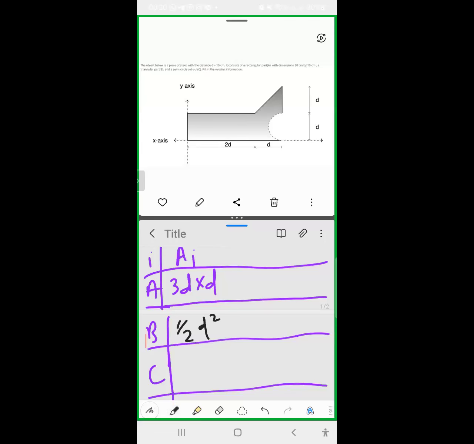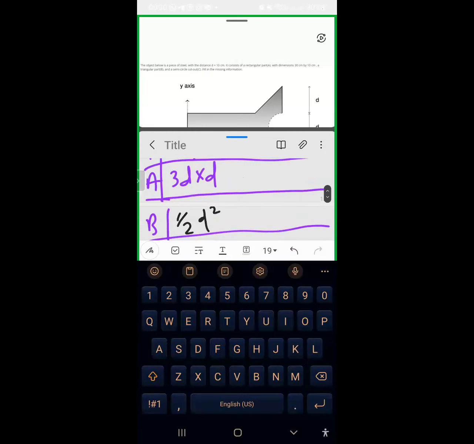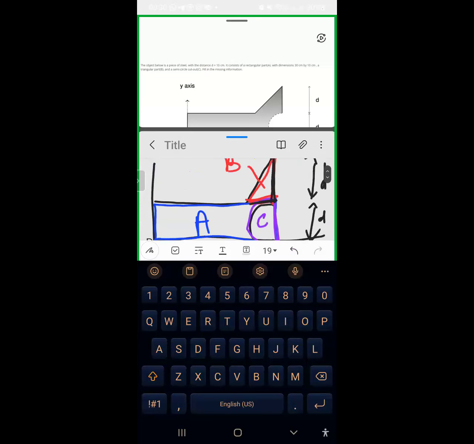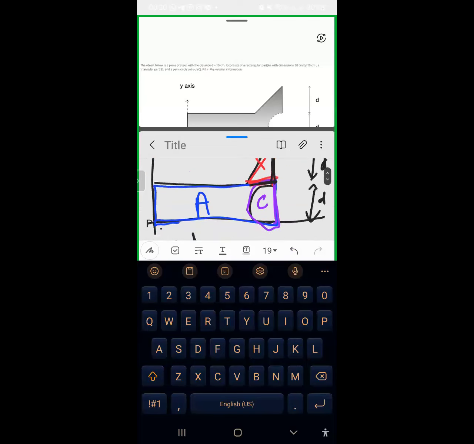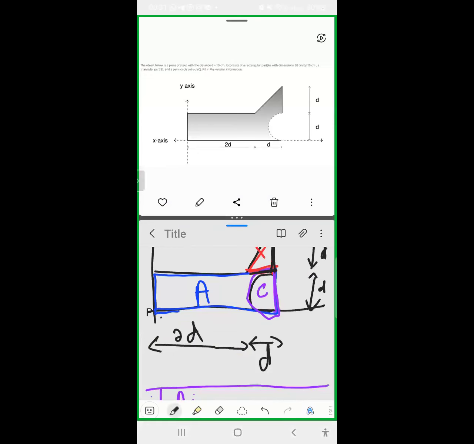And then for object C, which is a cutout and a semicircle in shape, its area is going to be half pi r squared. That's how we determine the area of a semicircle. But we notice that it's a cutout. Since it is a cutout, it cuts this bigger rectangular shape.